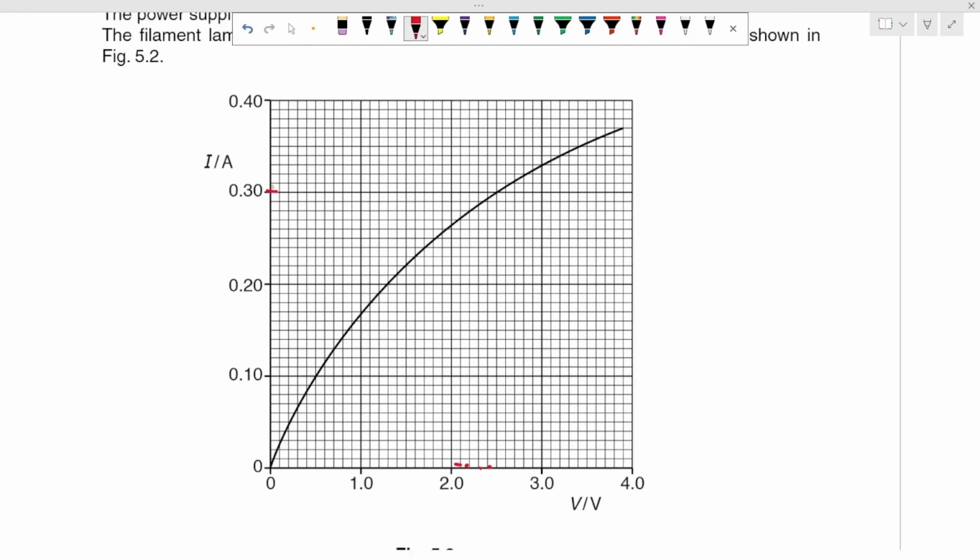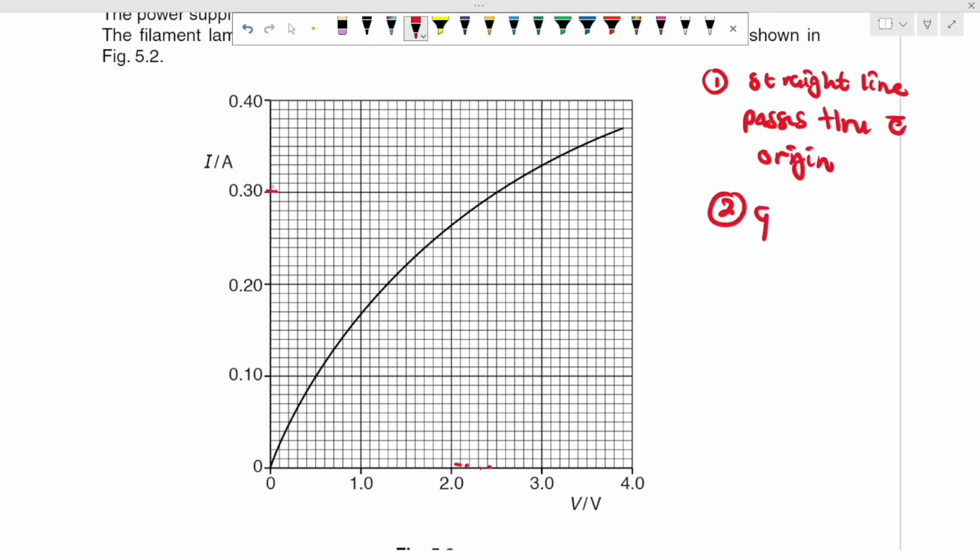So I'm supposed to have a straight line that passes through the origin. That's my first requirement, right? And then number 2, I can probably find its gradient, right? Because I know the gradient of this is just the change in I over the change in V. But I already have R, which is the change in V divided by the change in I, which is 2.